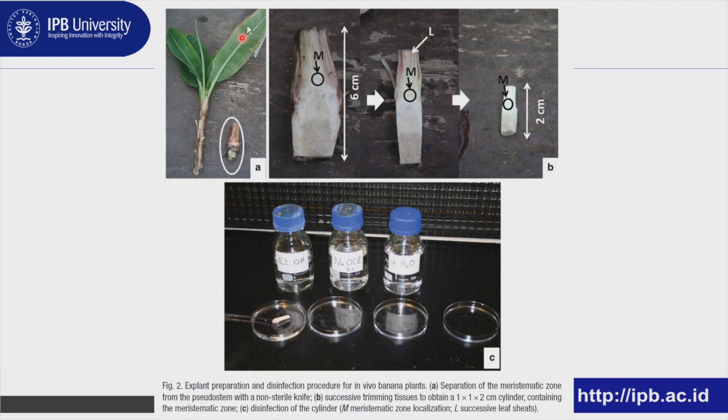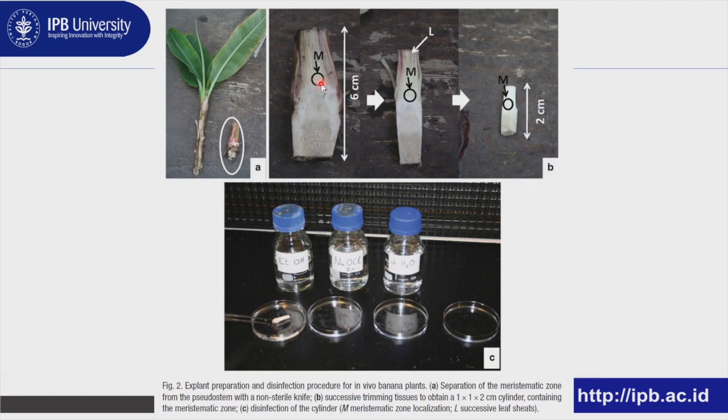So this is the example. This is a small banana because of the infection of the virus. This is not a normal banana, of course. So you can imagine that the virus is systemic. So the virus is also here, and also infects all the parts of the plant material.